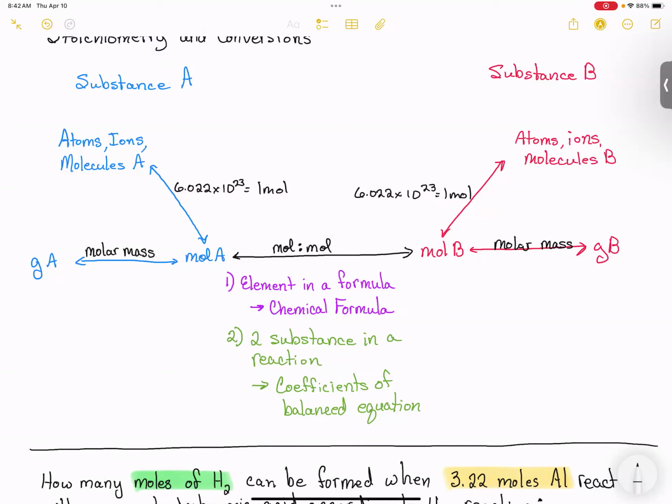The mole-to-mole ratio. What was our second conversion factor in that problem? Molar mass. So I started with moles of copper to fluoride, and I went to grams of sodium fluoride. And those were my conversion factors.